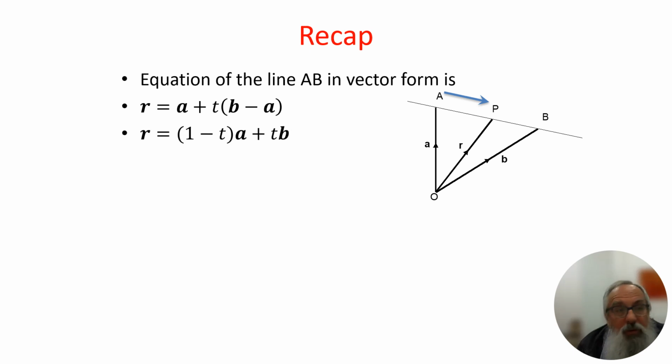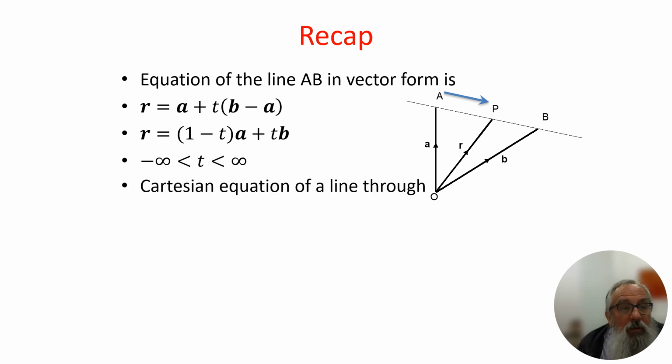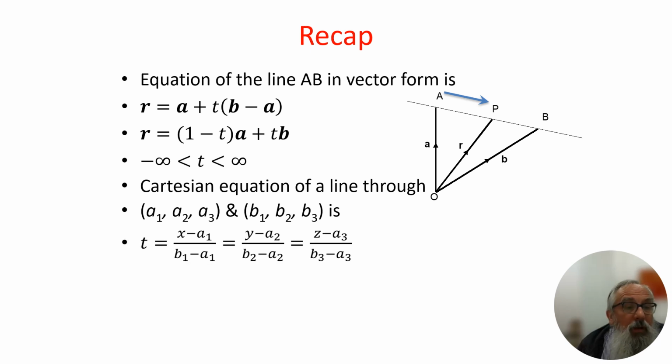We can rearrange that equation to be a different format, and this is for an infinitely long line. In Cartesian format, we change the R to x, y, z, and the a's and b's to be a1, a2, a3, b1, b2, b3, and we manipulate the 3 coordinates to be all equal to t.